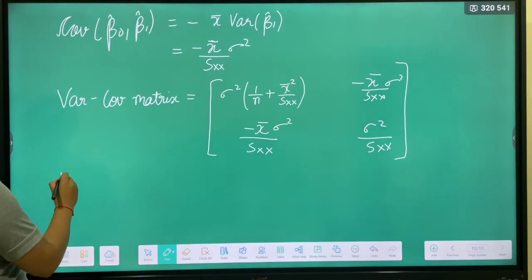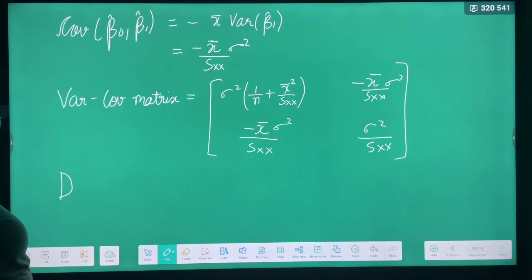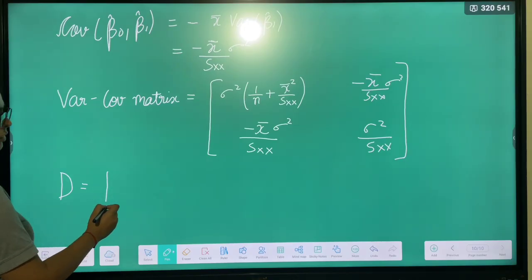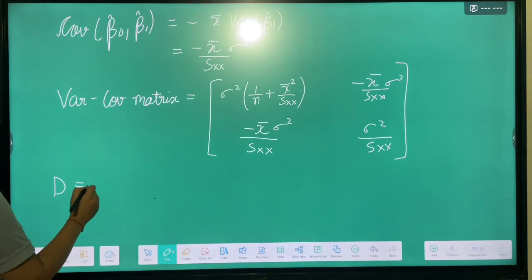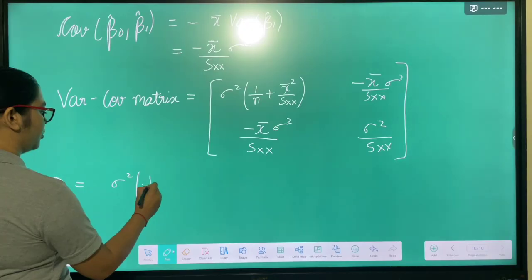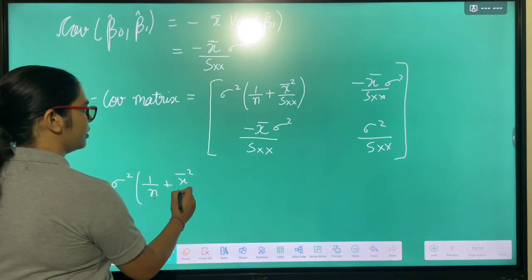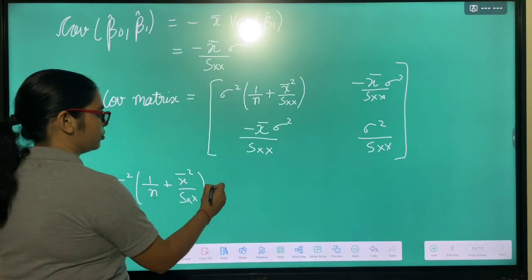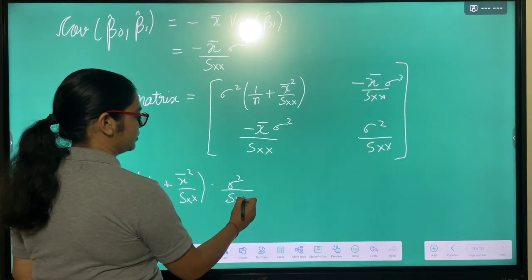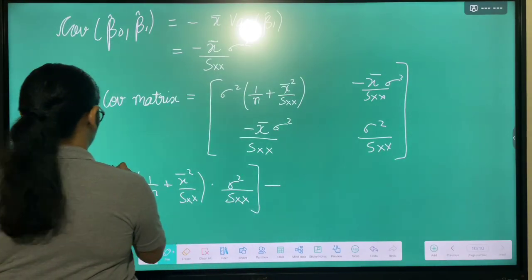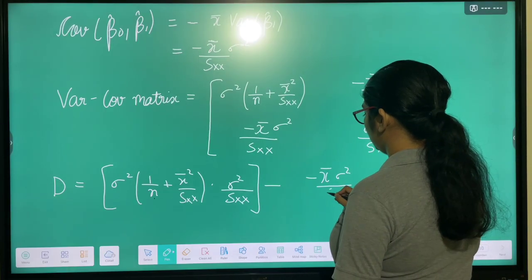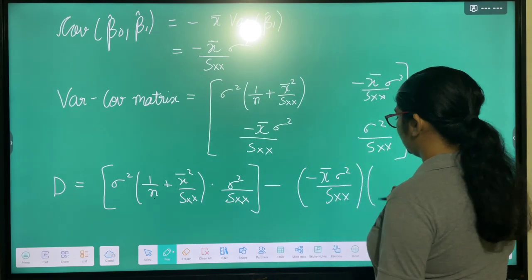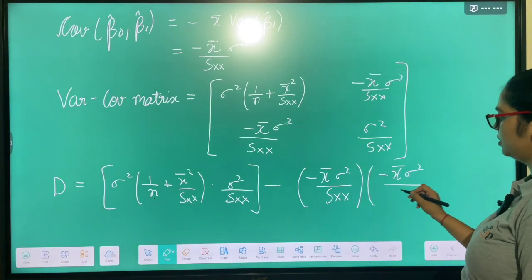Now we have to find the determinant of this. The determinant becomes sigma square into 1 upon n plus x bar square upon sxx, into sigma square upon sxx, minus x bar sigma square upon sxx into minus x bar sigma square upon sxx.